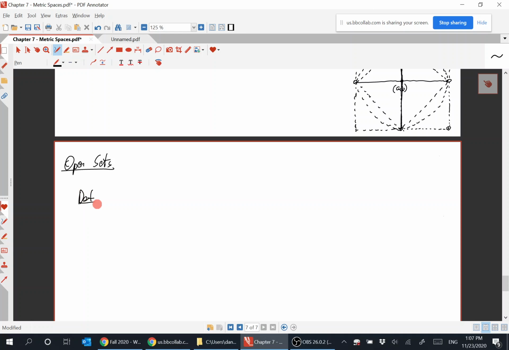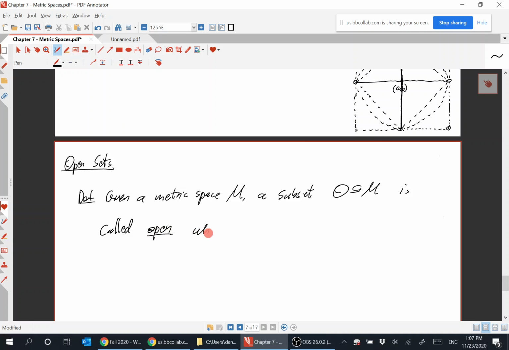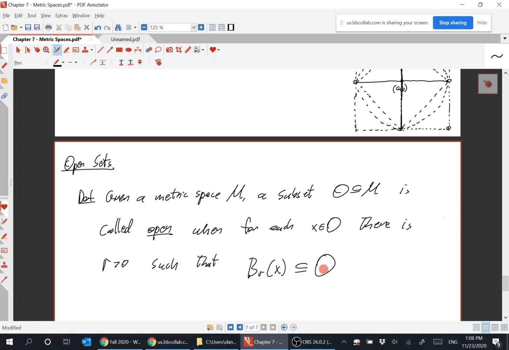Definition: if M is a metric space, a subset O of M is called open when for each x in O, there is R bigger than 0 such that the ball of radius R around x is a subset of O.